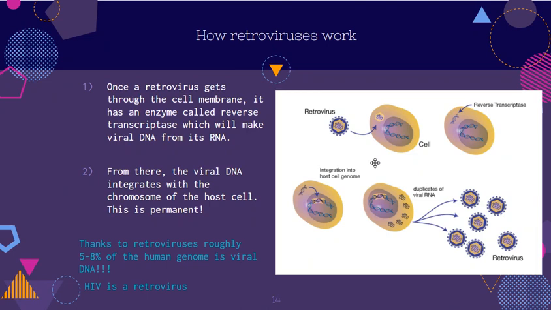Okay. And then it's going to take that DNA and permanently insert itself into the host DNA. And forever and ever, that host cell, and all of its daughter cells from mitosis, will always have that viral DNA inside of it.